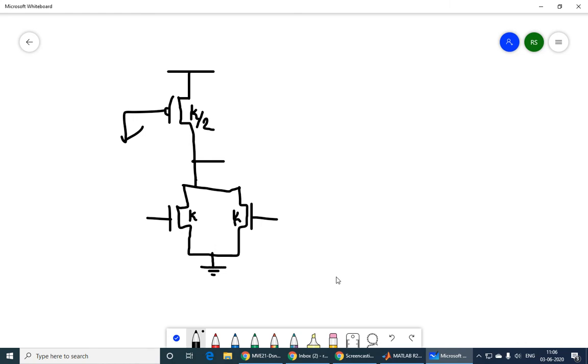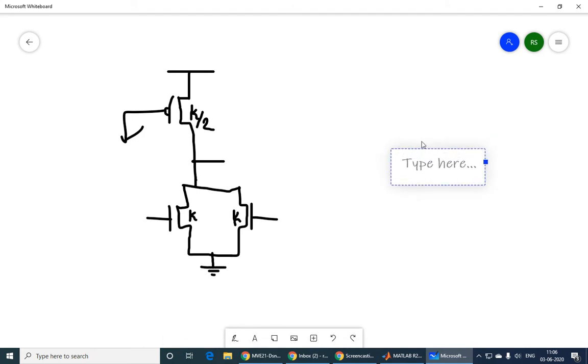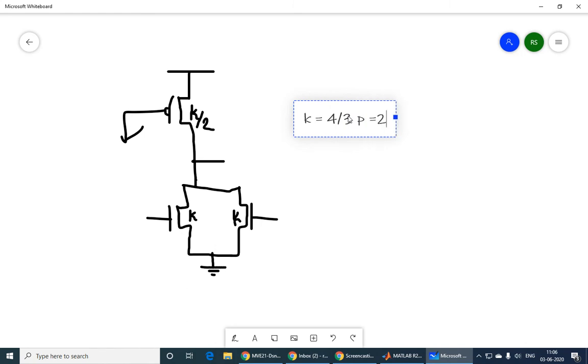And if you write the next part, which is the current equation, you will get approximately the same value for K equal to 4 by 3, and that means that PMOS equal to 2 by 3, and everything else stays the same. Logical effort also you can calculate in the same way. 4 by 3 divided by 2 and 1, you will get 4 by 9.